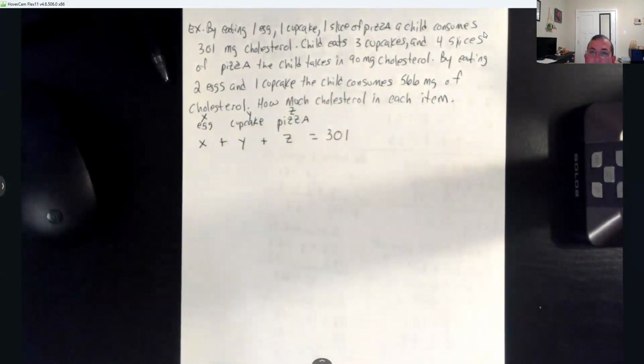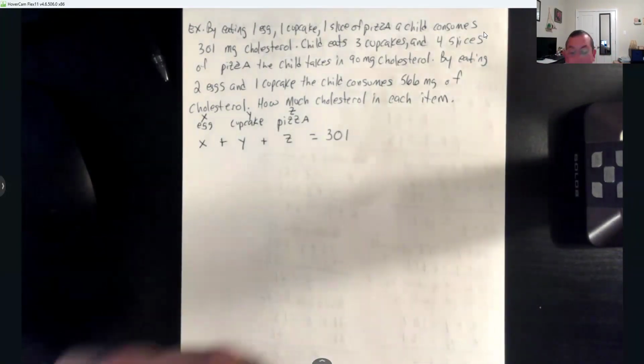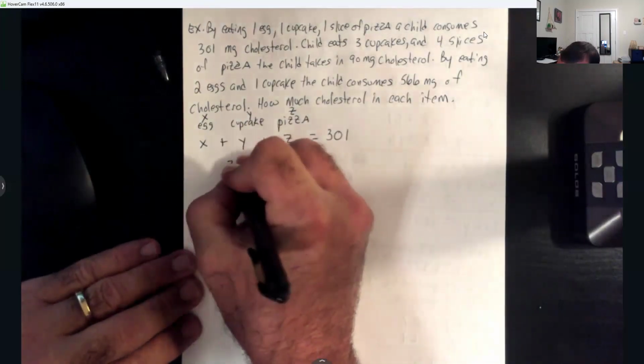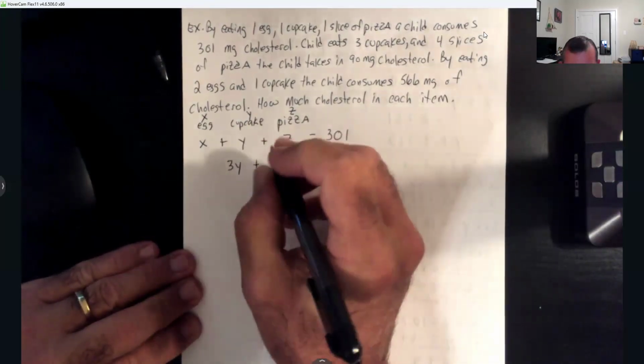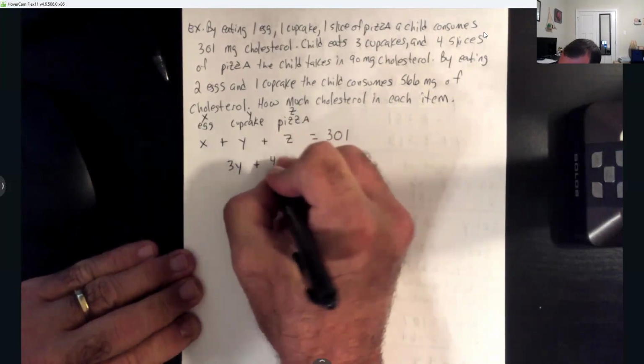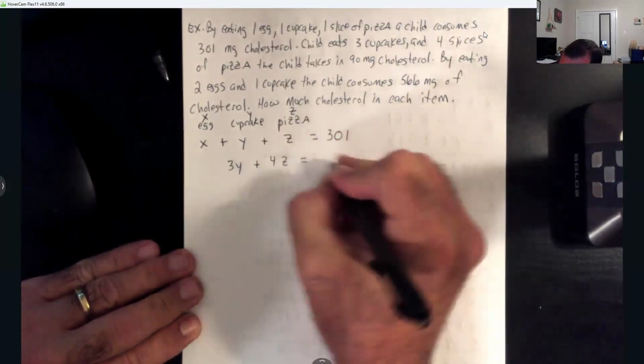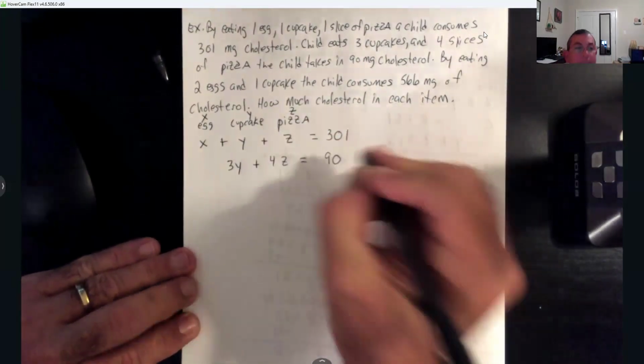All right, Jackson, let me see what you got. 3Y, because that's my cupcakes, plus 4Z, because that's my pizza. That's going to equal 90. Perfect. So y'all, we got 3Y plus 4Z is going to equal 90.